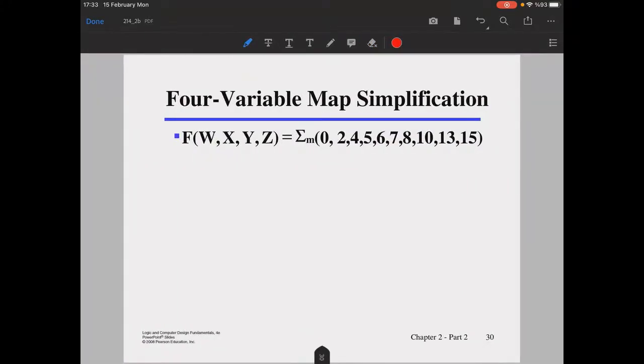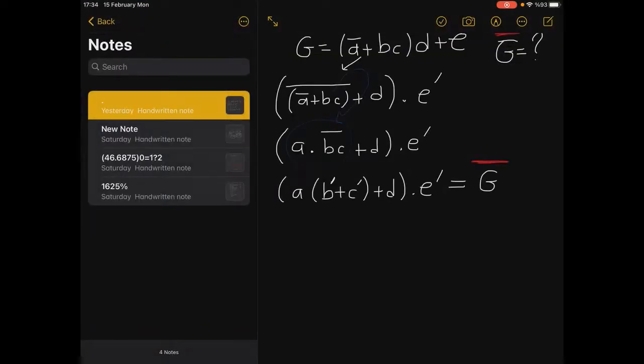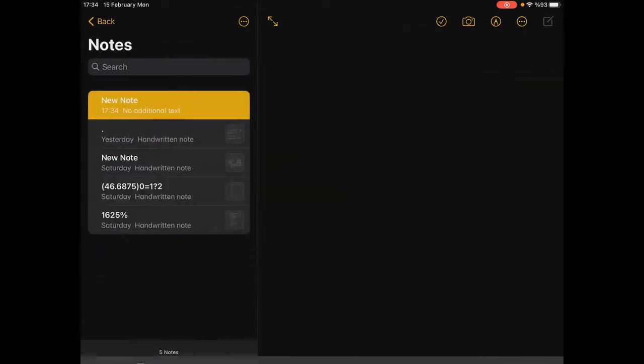Now let's solve this example together. Let me write this in the notes so that it could be more colorful. Let me find the slide first. What was the function?